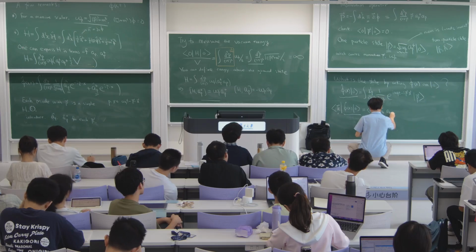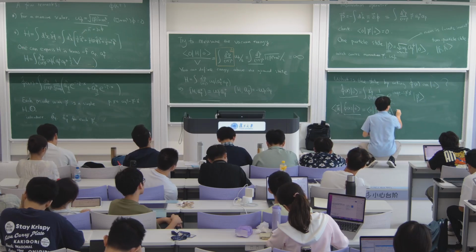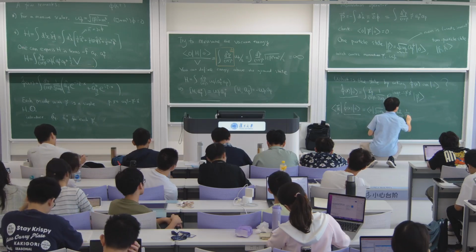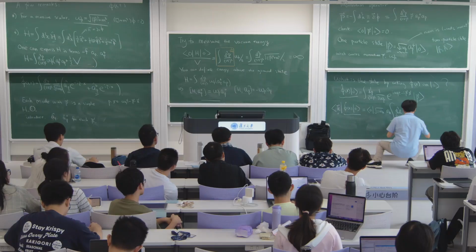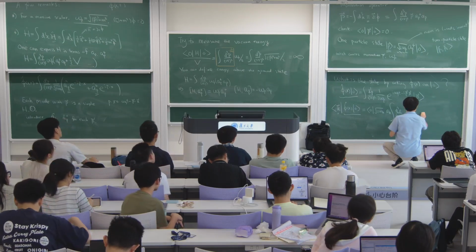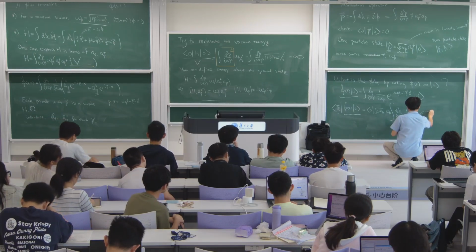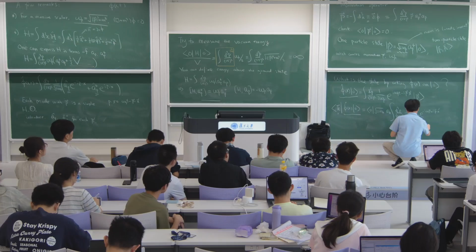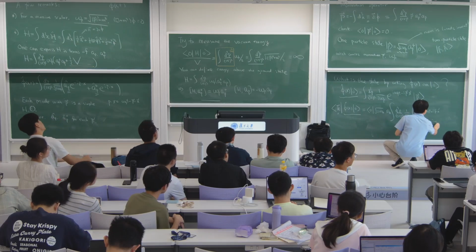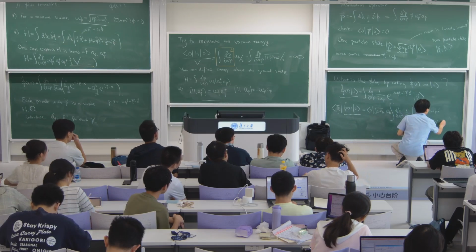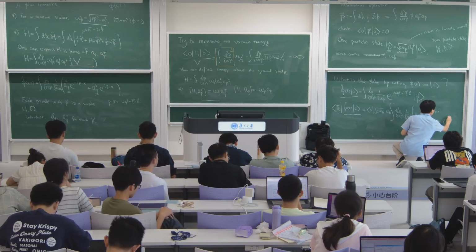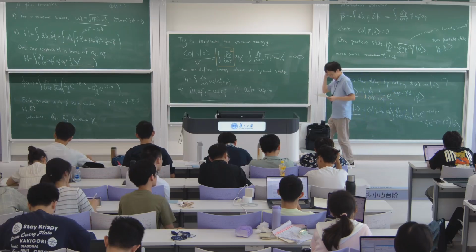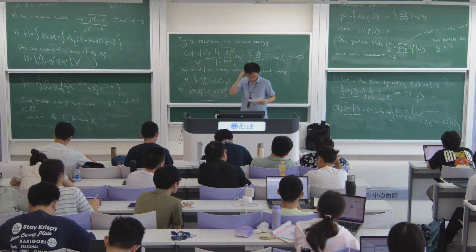There's a K here, now there's the integral over P, with omega P, and there's the A P dagger acting on the vacuum. And then you just calculate it.